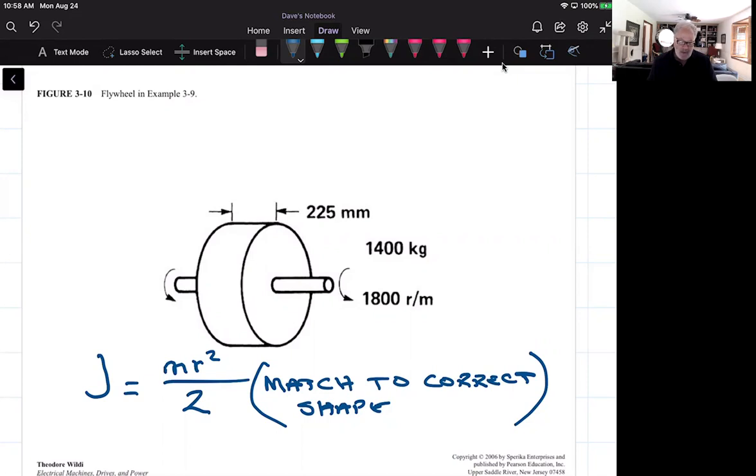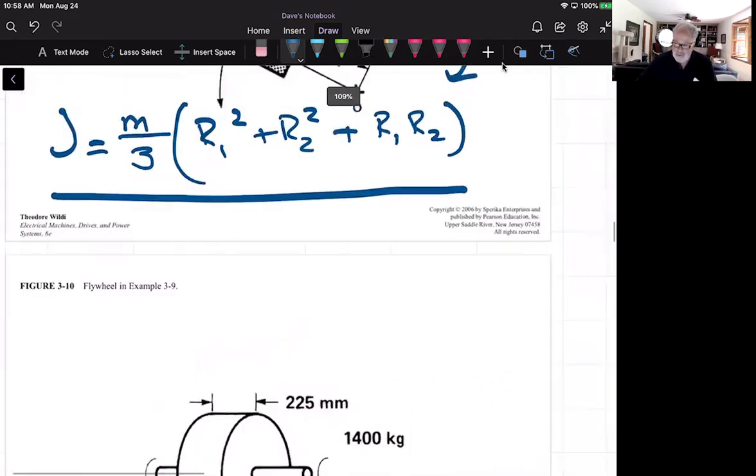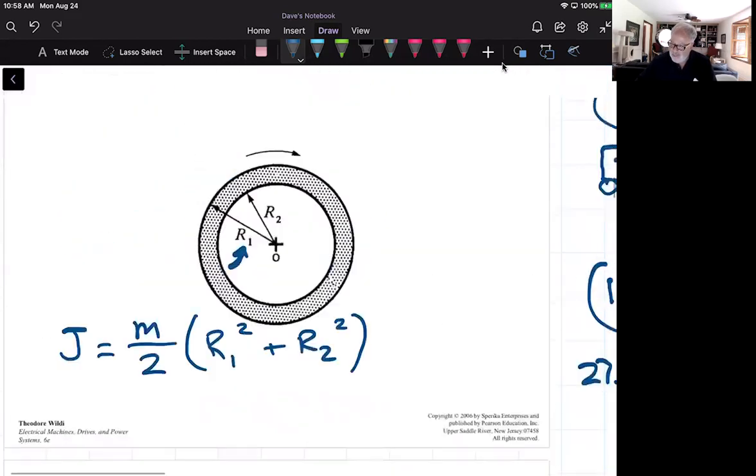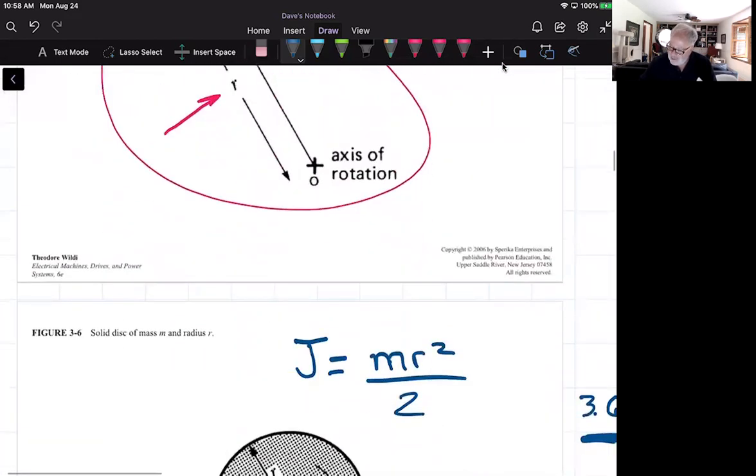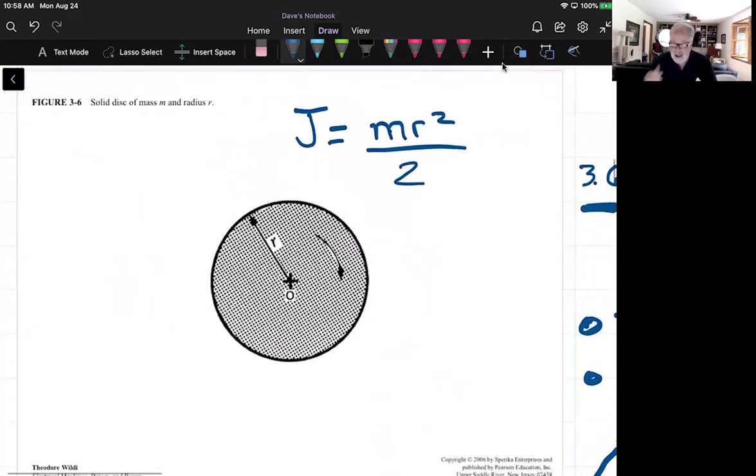It has a diameter of 1 meter, a thickness of 225 millimeters. And we can see that it's showing that it's rotating. Now, when we have a problem like this, the first thing that we have to do is determine what the J number is going to be. For this particular problem, we've got these figures that represent different things, and you really just match up the object that you're dealing with to the derived J number.